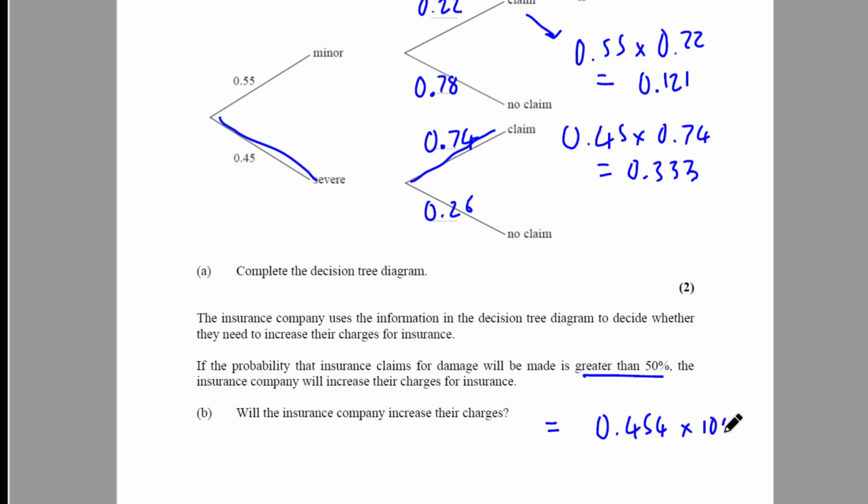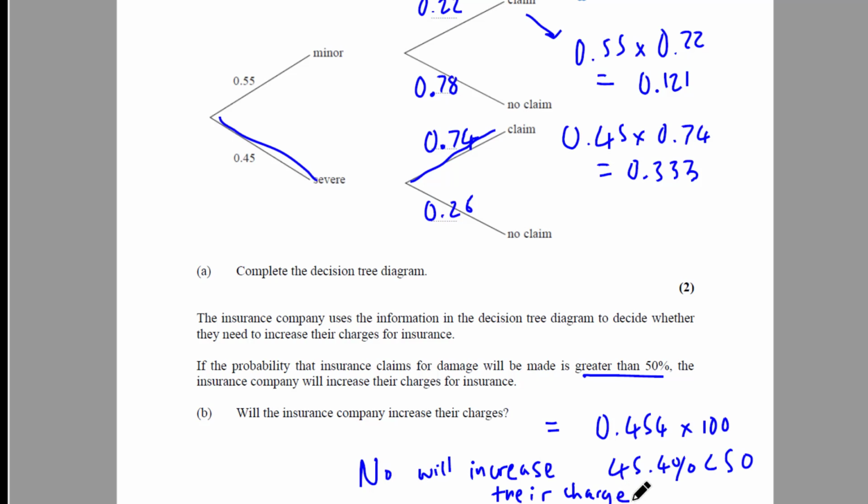Times it by 100, so it turns into percentage. That's 45.4%. That's less than 50. So it's no, will not increase. And that is a communication mark right there. Make sure you write that.